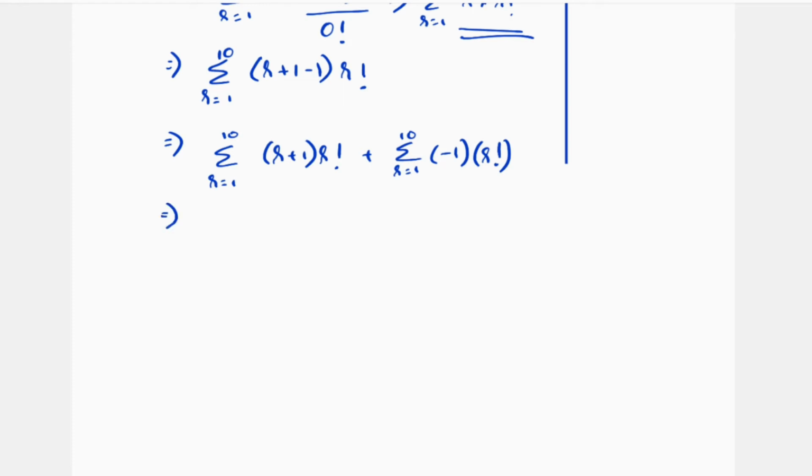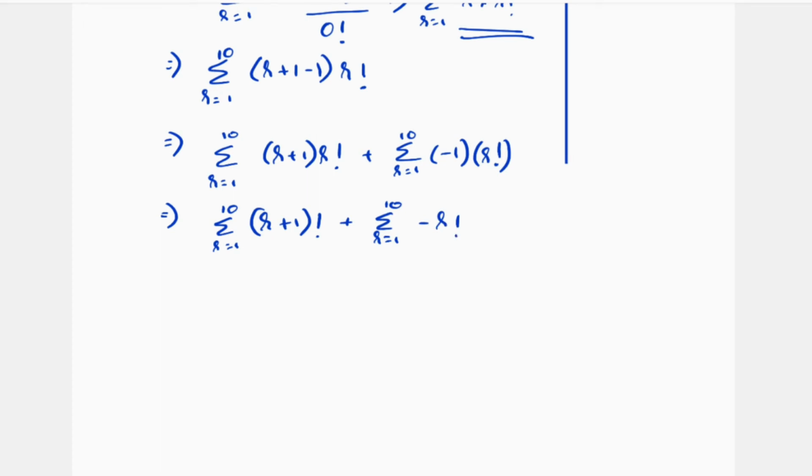Now summation r equal to 1 to 10 of r plus 1 into r factorial is nothing but r plus 1 factorial. Simple logic. n minus 1 factorial into n will give me n factorial. Same way, n factorial into n plus 1 will give me n plus 1 factorial. So applying this logic, I get r plus 1 factorial plus, again, summation 1 to 10 of minus 1 into r factorial, which gives me minus r factorial.